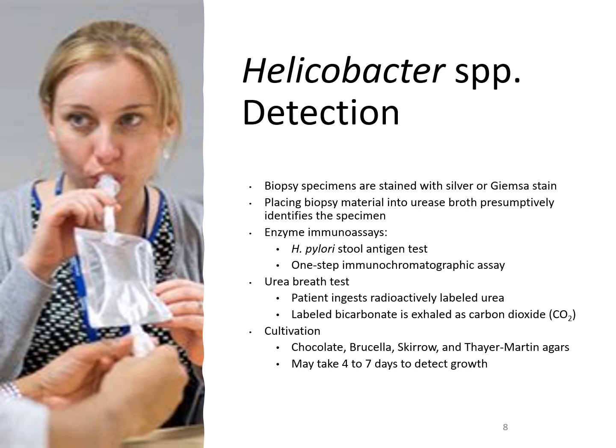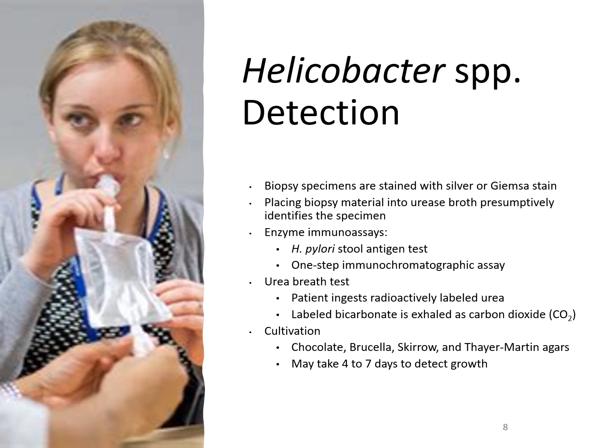Some of those ways to detect it would be to use a gastric tissue biopsy sample, and you could stain that sample where you're looking for the organism within that stain. And then you can also take that biopsy material and put it into a urease broth or some sort of rapid urease detection device, and those rapid kits can usually give you a result within a few minutes to a couple of hours.